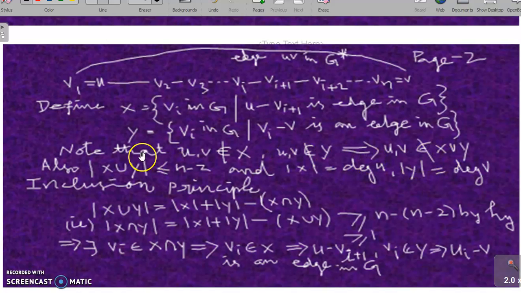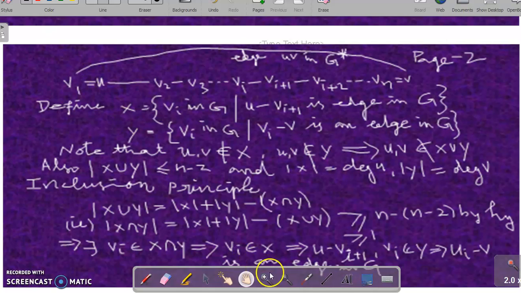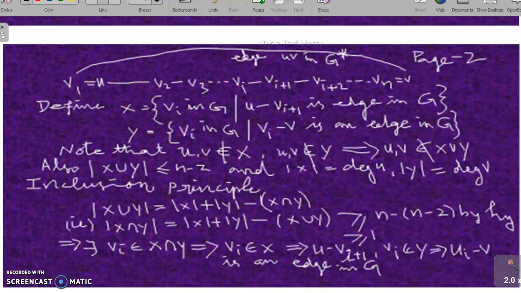Am I correct? Also, you look at the union of X and Y, so that you will understand that. Also, you look at that this X union Y is always less than or equal to n minus 2, because we have taken n as the total vertices of the graph.